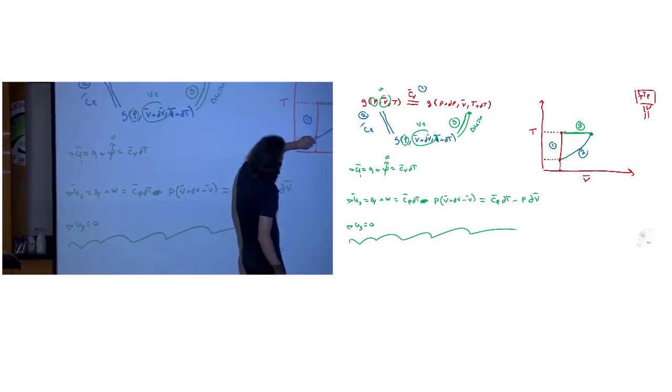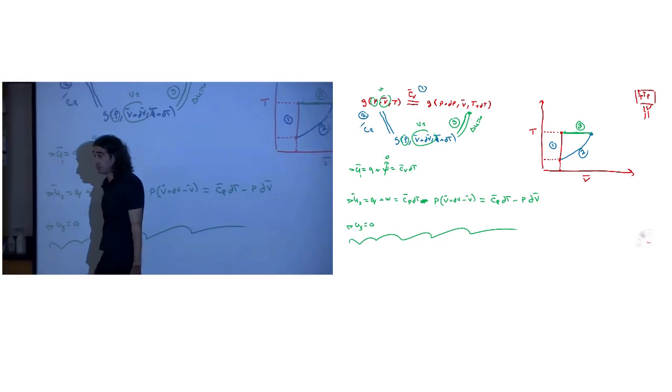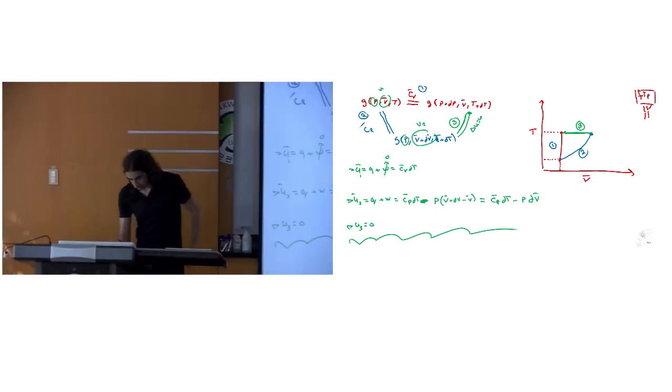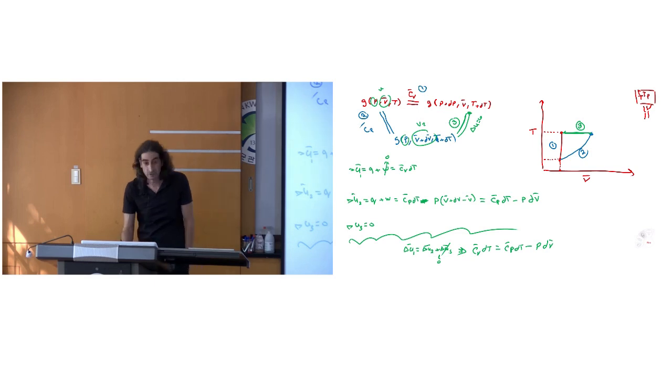So this way is delta U1, and this way is delta U2 plus delta U3. But delta U3 is 0. This means CV dT is equal to CP dT minus P dV.